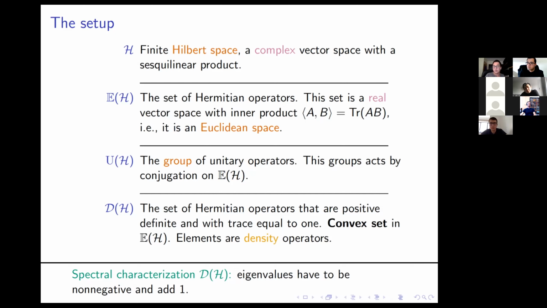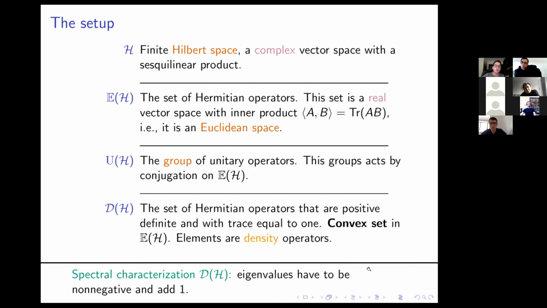This is equivalent to saying all of their eigenvalues are non-negative and the trace is equal to 1. The trace equal to 1 means they are non-negative and add to 1, so they behave like probabilities in a way. And this is a convex set in the Hermitian operators. Convex in the sense that they form a real vector space, so we can talk about convexity.